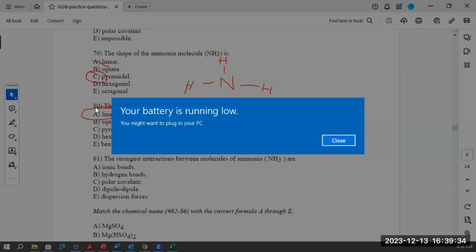Anytime you see interaction between two molecules, we call them IMFs, intermolecular forces. It says interaction between two molecules, and you have nitrogen and a hydrogen together, so that basically means you're going to form hydrogen bonds. If you have oxygen and a hydrogen, you're going to form hydrogen bonds, like water. And if you have fluorine and hydrogen, then that means you're going to form hydrogen bonds.